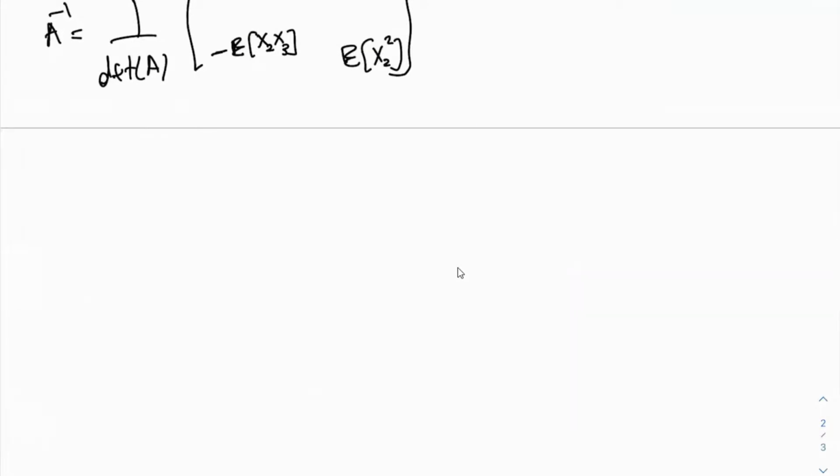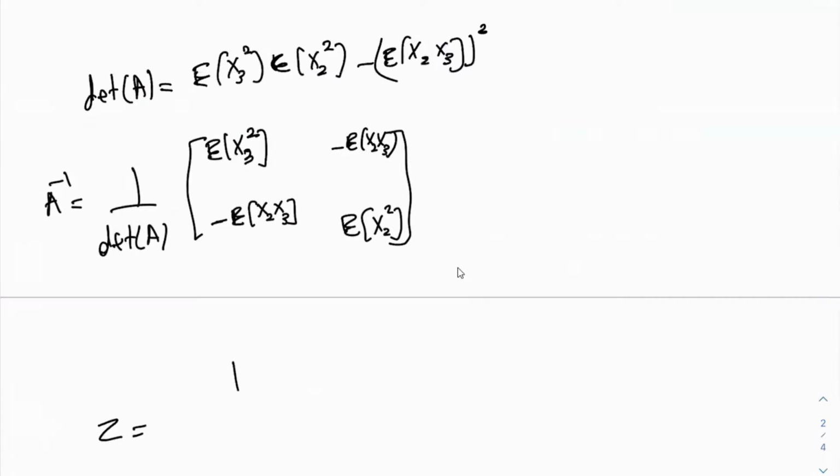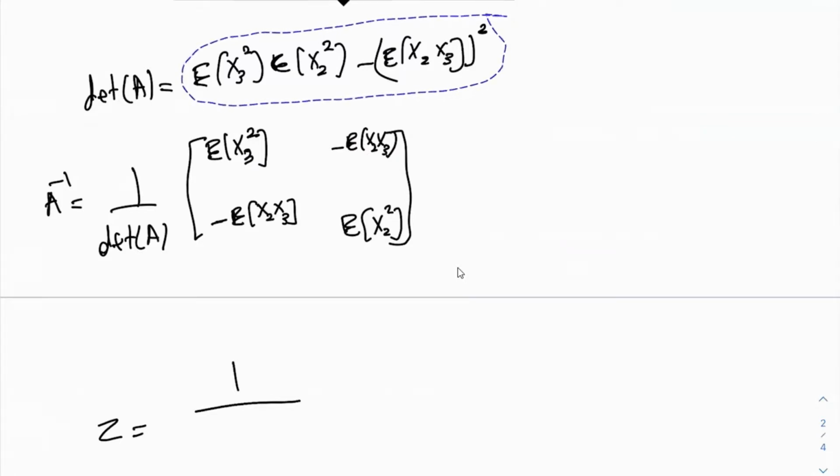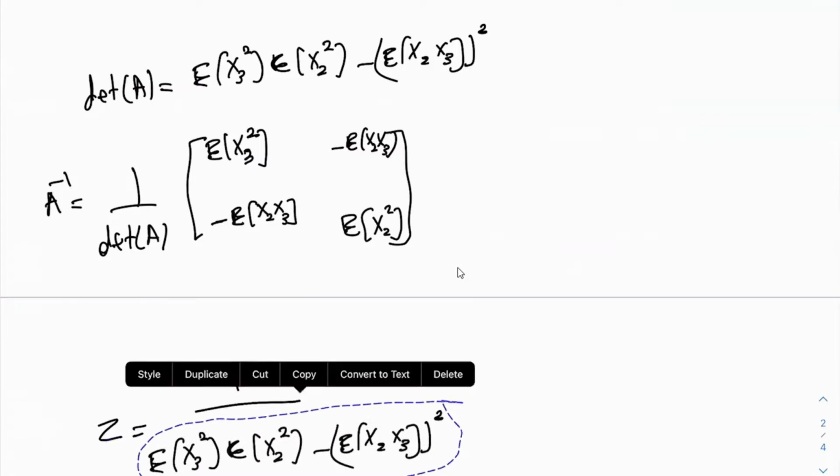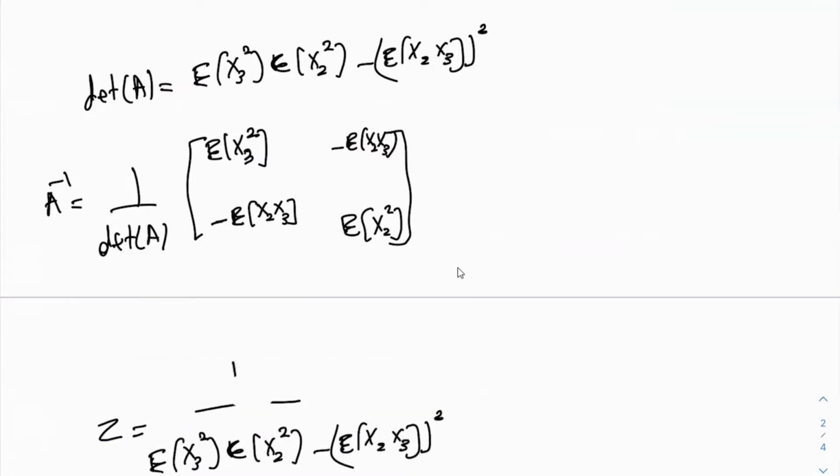Therefore z is 1 over the determinant, so copy this one and paste it.